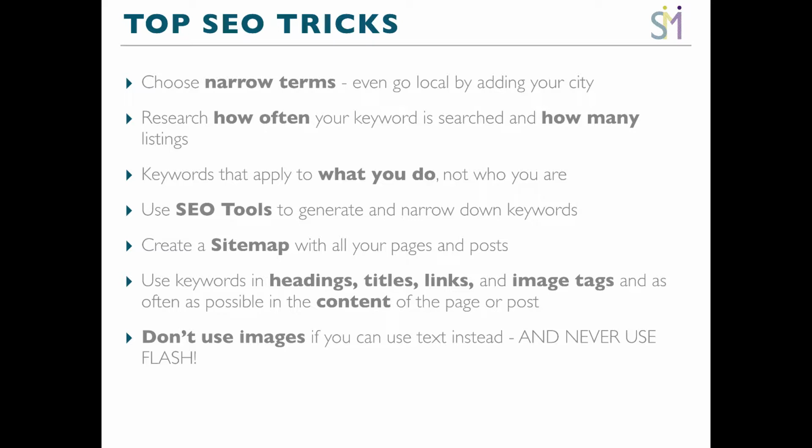Text is so much more descriptive because search engines can pick up the text on a page, but they can't pick up, let's say you have an image and on that image you've written contact me at blah blah blah. It can't read that text because it's an image. It's not actually text, and there's absolutely no reason why it should be an image because you can do that with just regular text on your website. You might have to change a few things about how it looks, but you can totally do that in WordPress. So don't use images if you can use text instead.